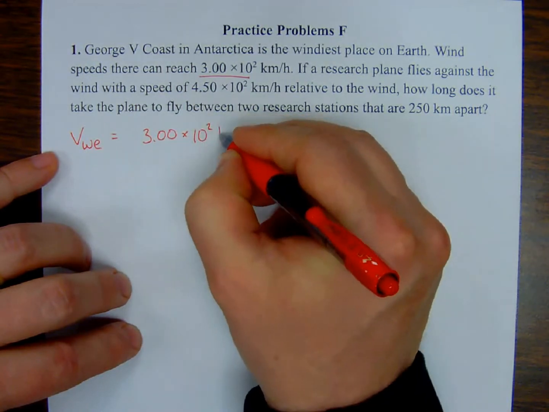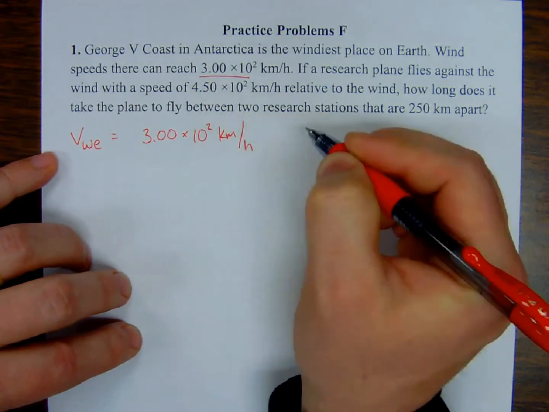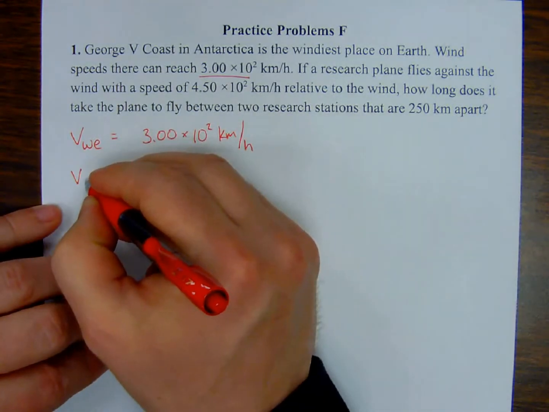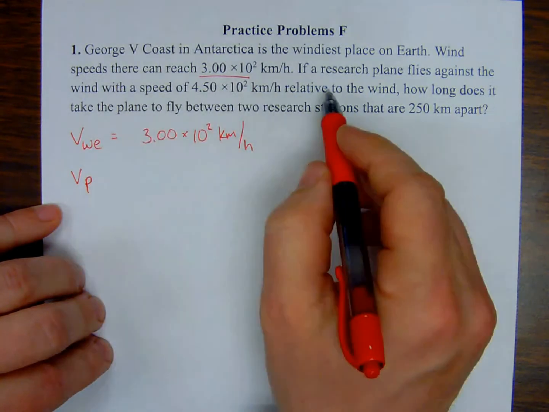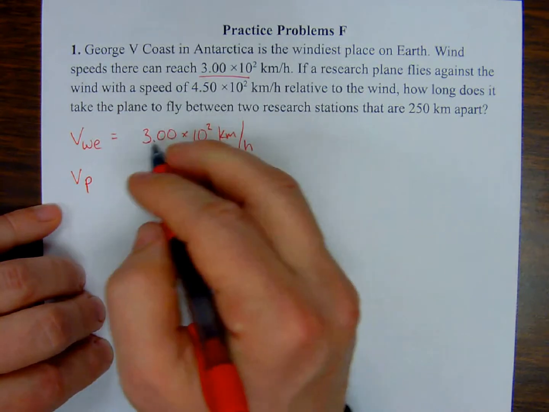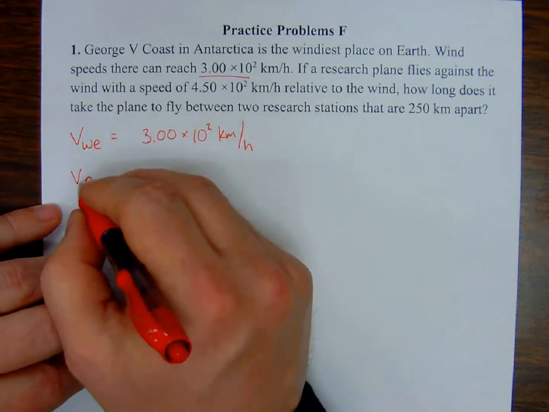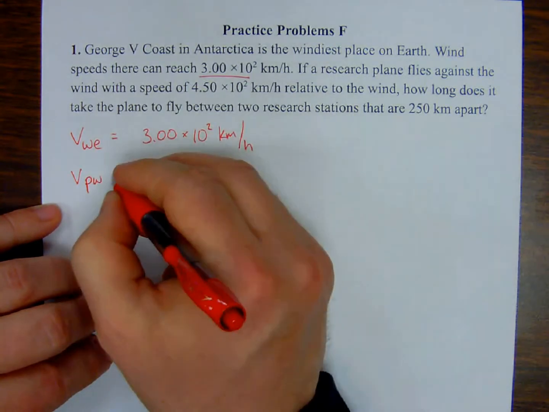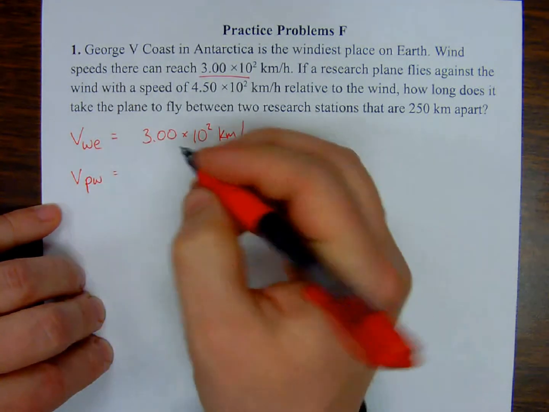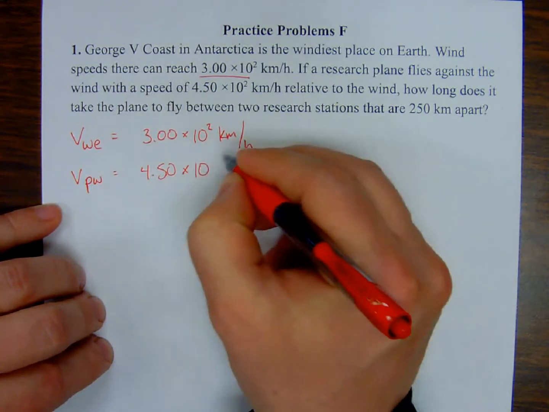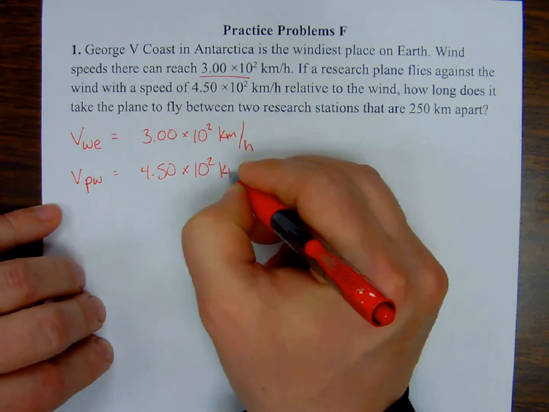And we have a velocity of the plane. The research plane is flying against the wind. So the plane with respect to the wind, traveling 4.50 times 10 to the second kilometers per hour, which is again 450 kilometers per hour.